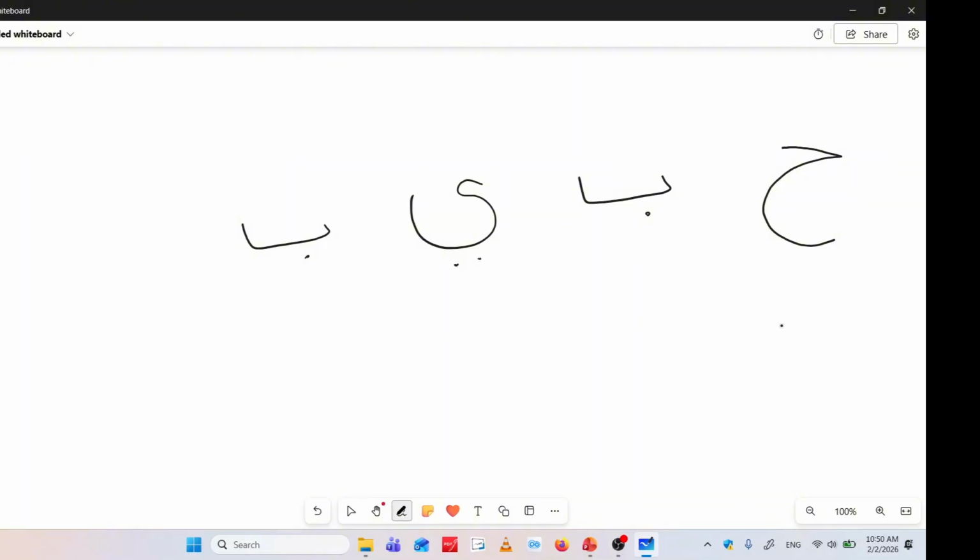Which means that we are going to write the ha, the initial ha. Then we will bring the ba. This is the middle ba. Then the ya. That's also the middle ya. You can also write the dots like this. Then we have the ba at the end. And this word here means habib, which means a beloved one. Okay? Habib. Also, I think Habib can be a name of a guy, but in Arabic we can also use Habib as a beloved person, someone you love.